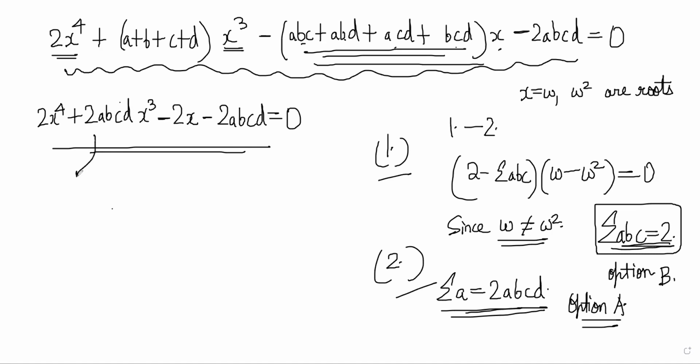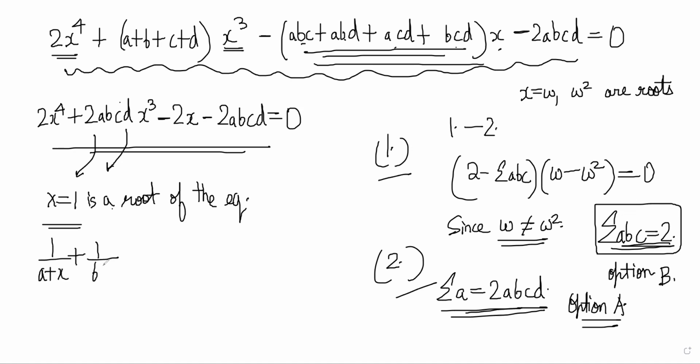This is the new equation once we know these two pieces of information. Now, it is obvious from this equation that x is equal to 1 is a root of the equation. That is clearly a root because you'll get 2 plus 2abcd minus 2 minus 2abcd, which is 0. The earlier form of this equation was 1 by a plus x plus 1 by b plus x plus 1 by c plus x plus 1 by d plus x is equal to 2 by x, right?